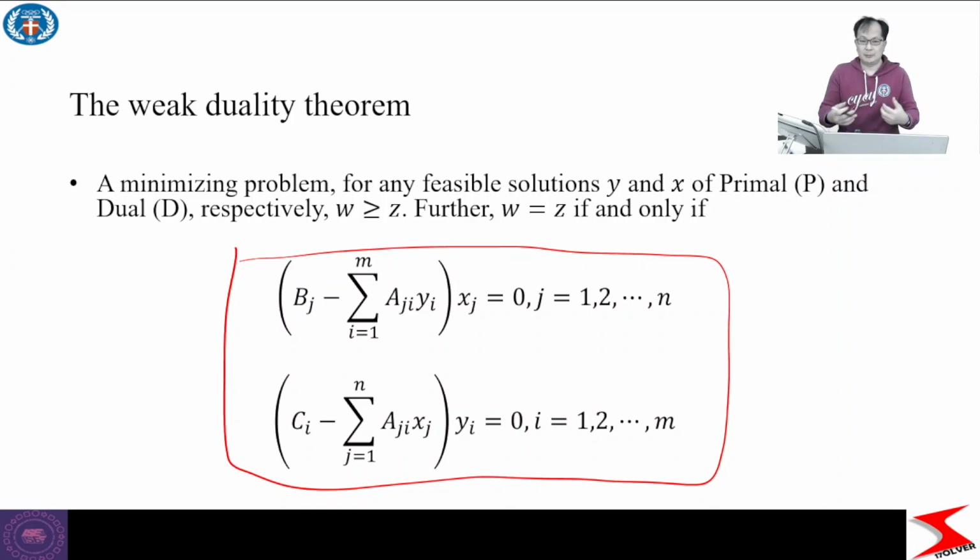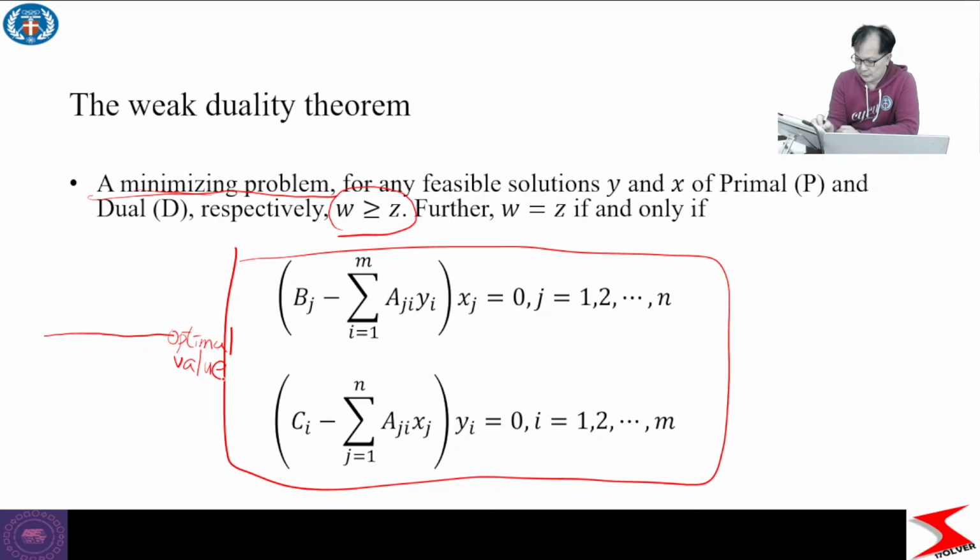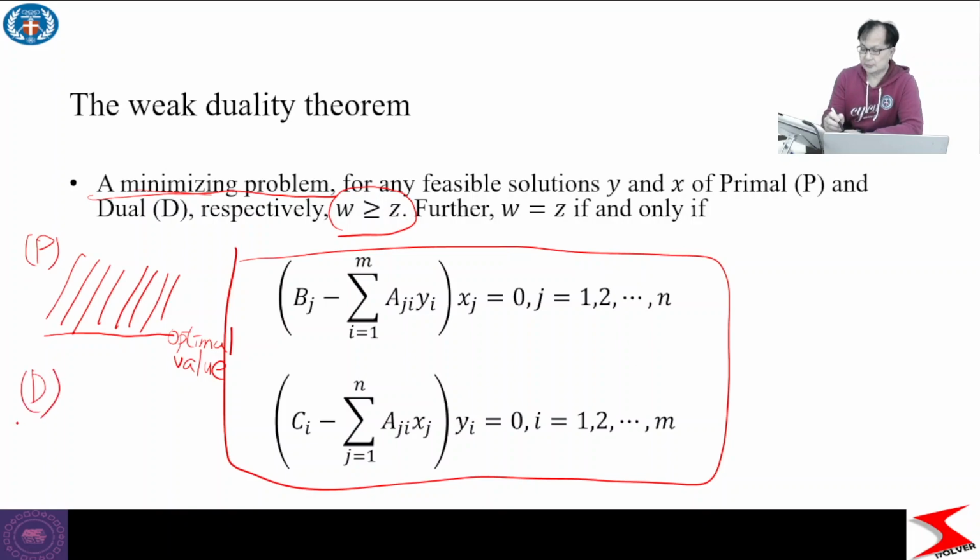So maybe you will be confused about why W is larger than or equal to z. Okay, because now we talk about the minimization problem. For example, if this line represents the optimum value for a minimizing problem, then this region belongs to the primal, and this region belongs to the dual.